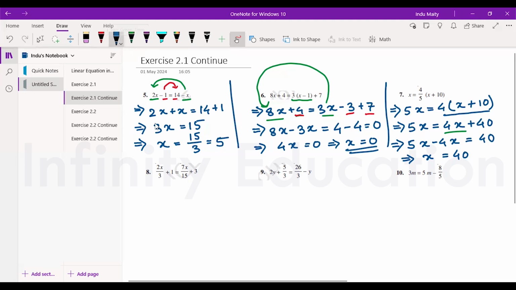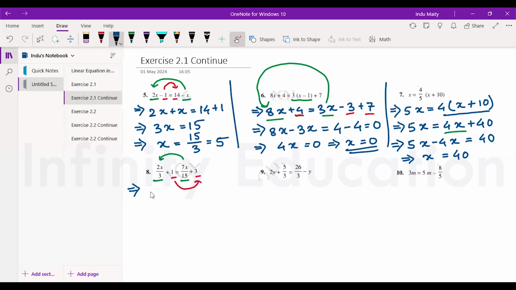Now, if you see carefully for the next question, question number 8, there is some fraction. So how to deal with that? Same way, we will take this variable to this side, and these are the two constants, so I will take those to this side.